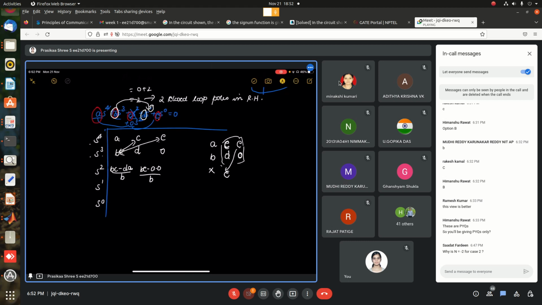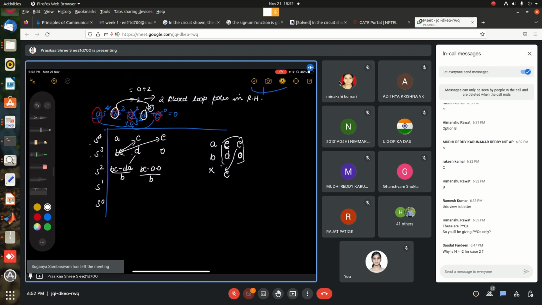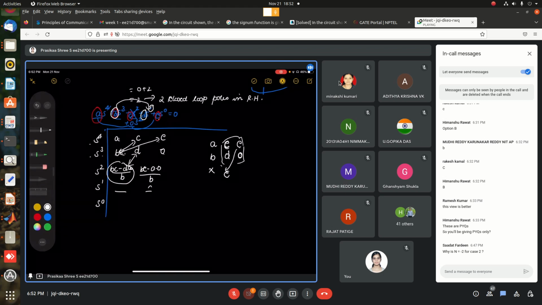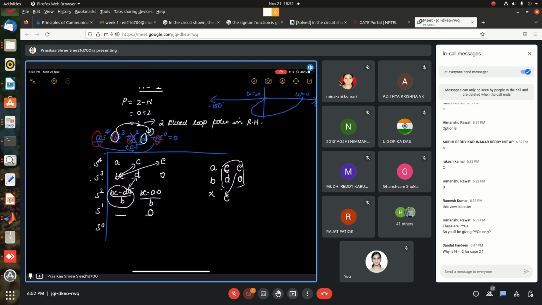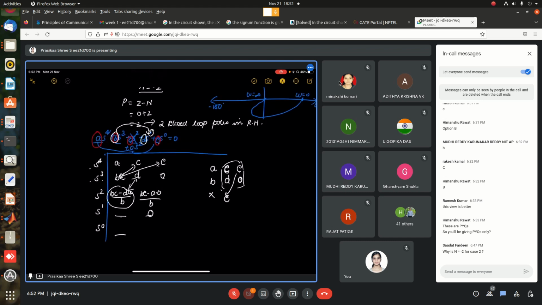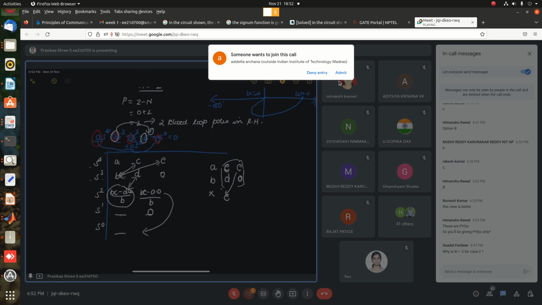So here again, you multiply this two, minus this two, divided by this. That coefficient will be written here. Here there will be nothing because 0 is here, so you put 0. Here again, this term will come here because there is a 0 here.